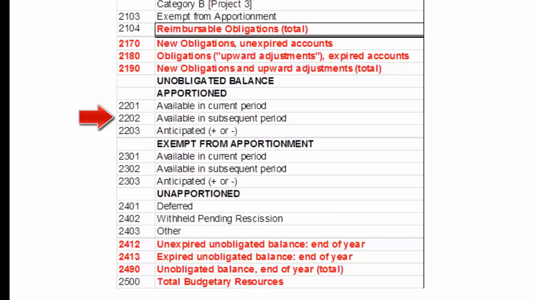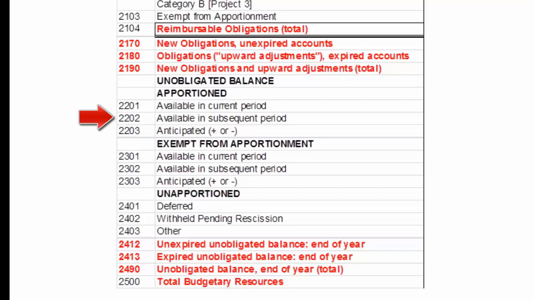Line 2202 reflects the amount that's apportioned but unobligated and available in a subsequent quarter. If you're in the first quarter, all amounts apportioned for quarters 2 through 4 would be reflected here. Amounts apportioned as Category C would also appear on this line.